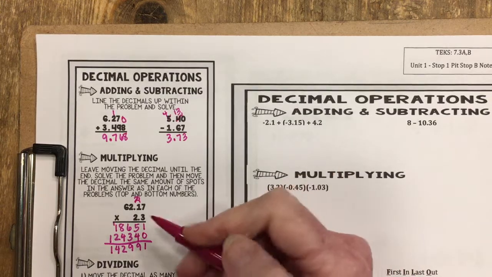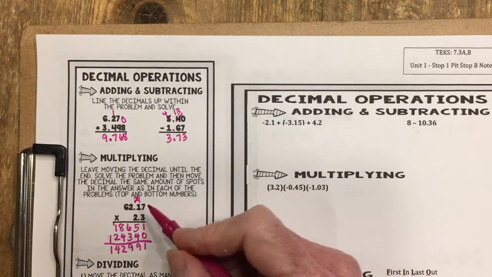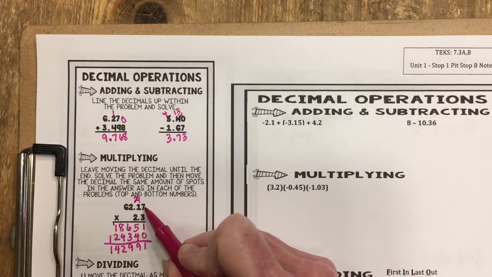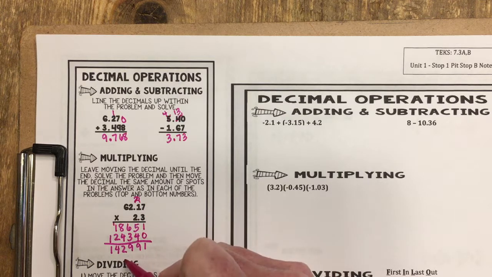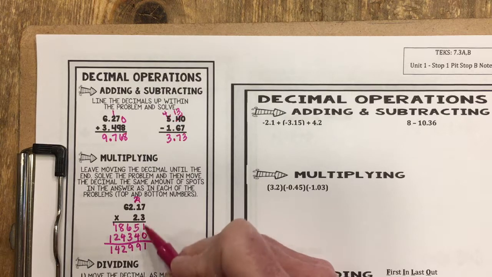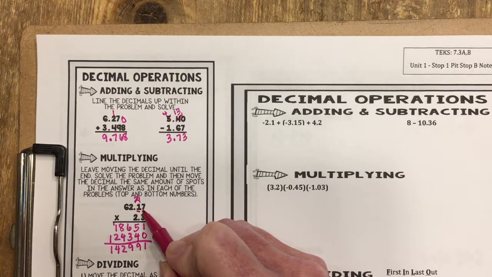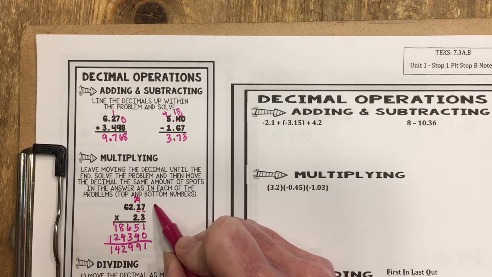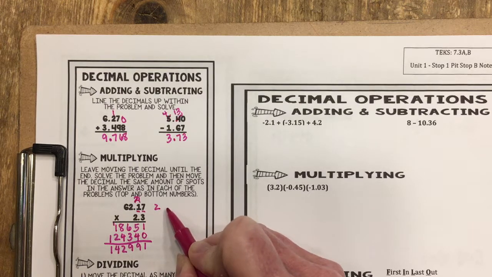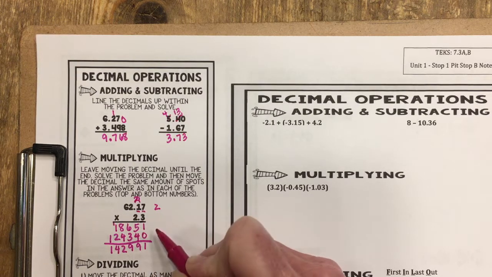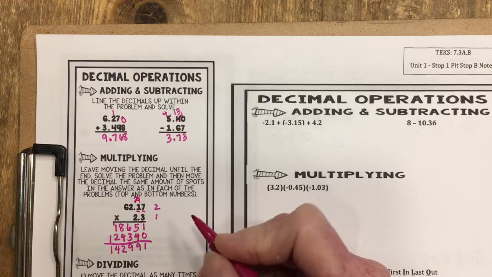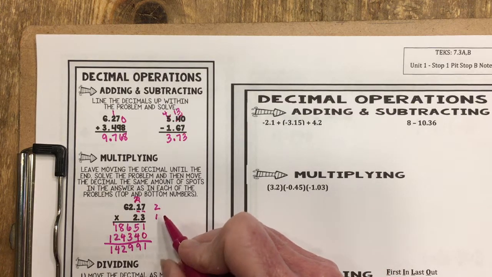All right, so the last thing I'm going to do after I multiply is count the number of decimal places that I had in the problem, and the total of that should be how many decimal places I have in my answer. So I can see right here, there's a 1 and a 7 that come after the decimal, so I would count that as 2 decimal places. And here, there's a 3 after the decimal, so that would count as 1 decimal place. So together, that's 3.